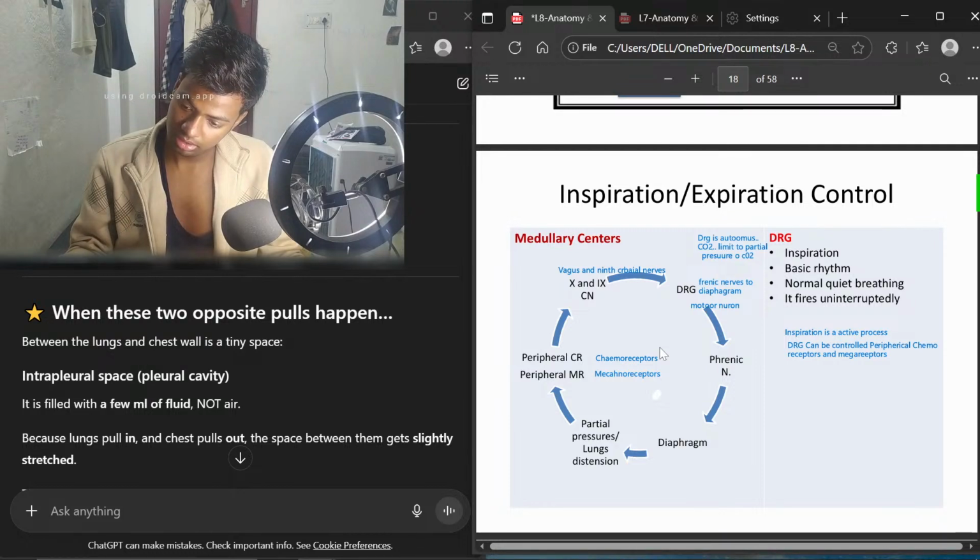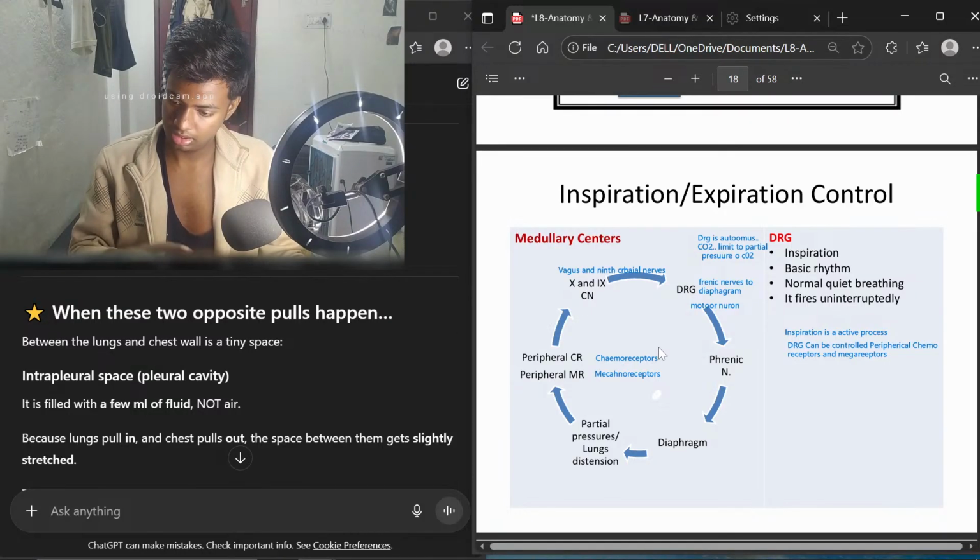When we first have the DRG fire, the DRG sends signals to the diaphragm to contract through the phrenic nerve. Then the diaphragm flattens forwards, the chest cavity expands, and the lungs dilate.